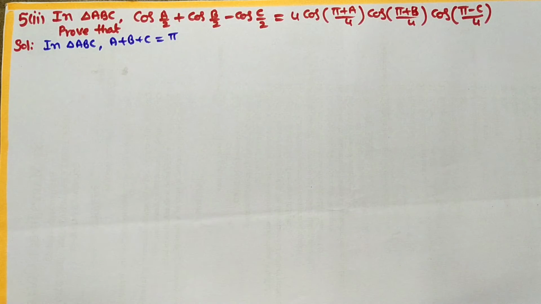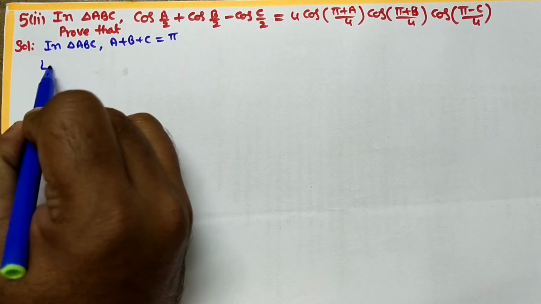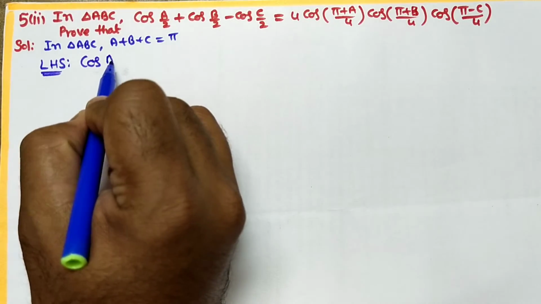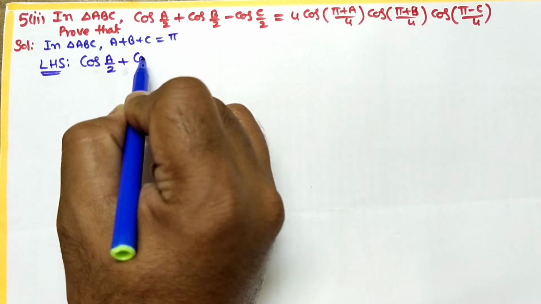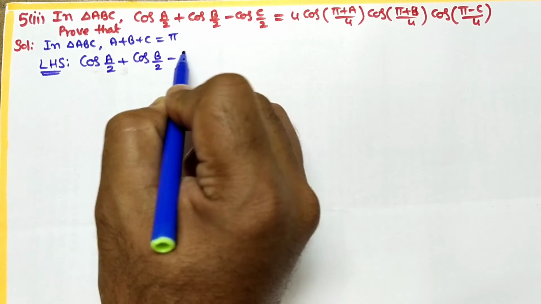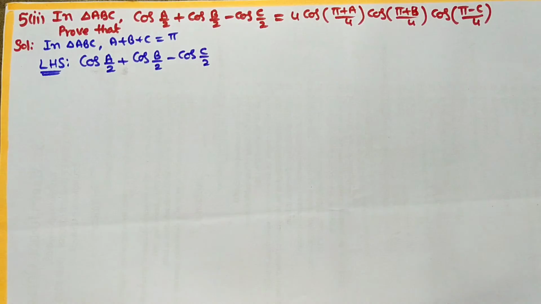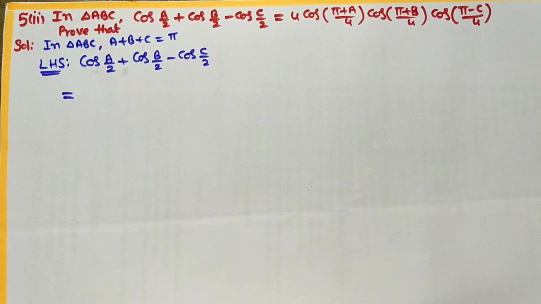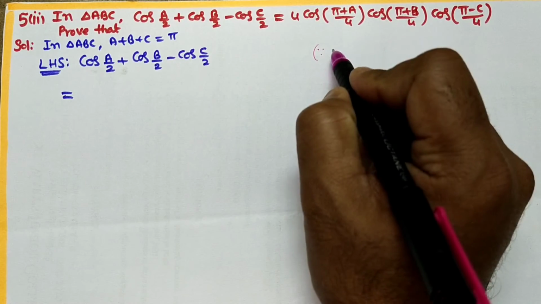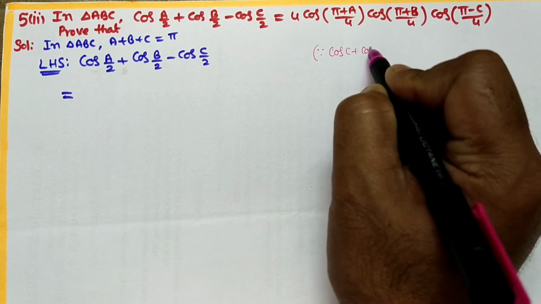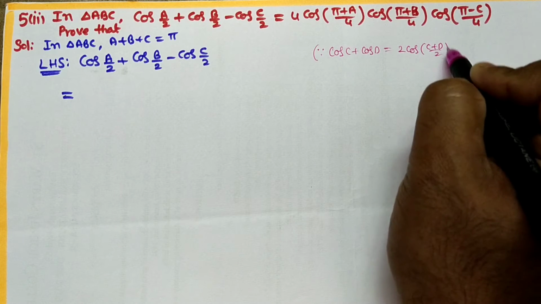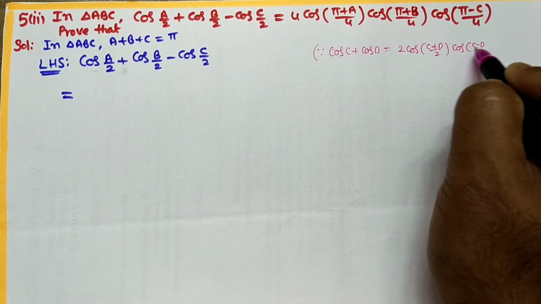After that, consider LHS. Cos a by 2 plus cos b by 2 minus cos c by 2. Which is equal to, for the first two terms we are applying cos c plus cos d. Cos c plus cos d equal to 2 cos (c plus d) by 2 cos (c minus d) by 2.